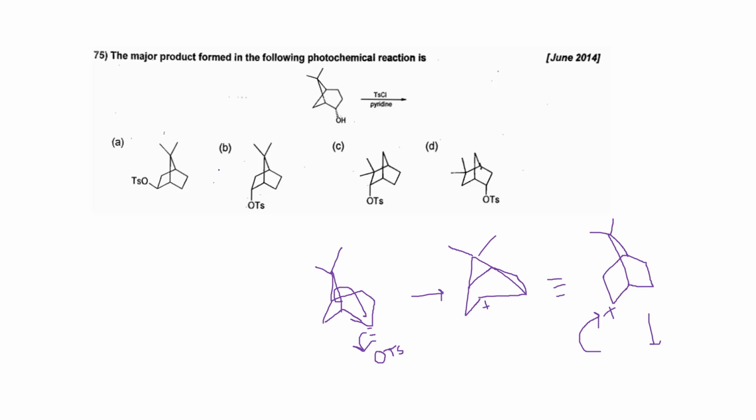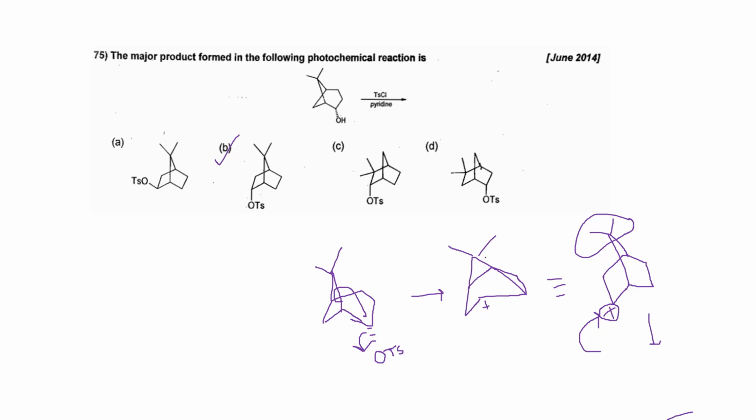Now, as it is a carbocation, the attack can be from both sides, above the plane and below the plane. But as the exo side above the plane is blocked by this big bulky group, the attack will be from below the plane, giving B as our product.